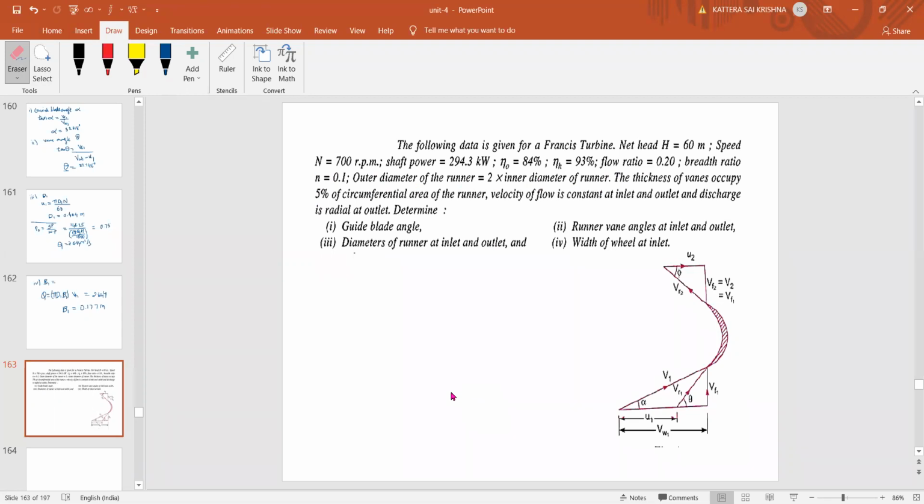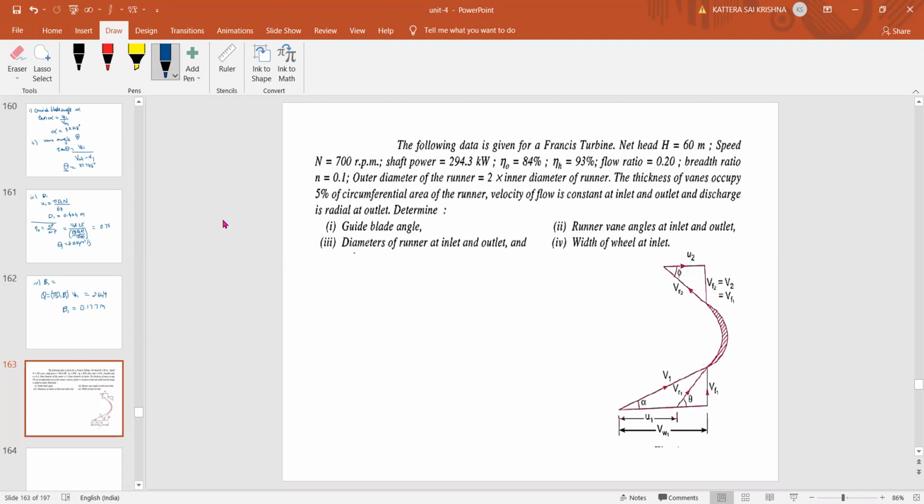Right, so first thing very important here is which one should be taken as outer dia. Is it D1 or D2? Francis turbine is inward flow, right? So water will flow from outside to inside.